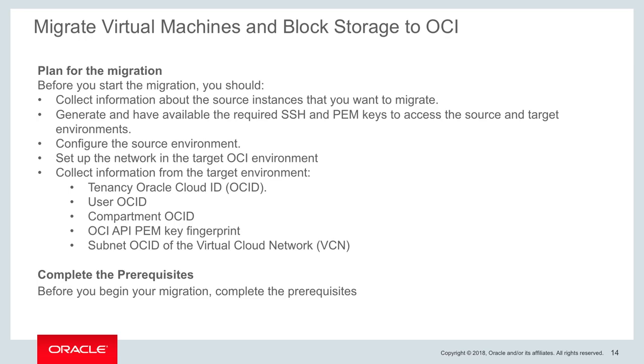You'll set up the network in the target OCI environment and collect information from the target environment necessary for the setup of the Control S server, and ensure that before you begin your migration, you complete the prerequisites.